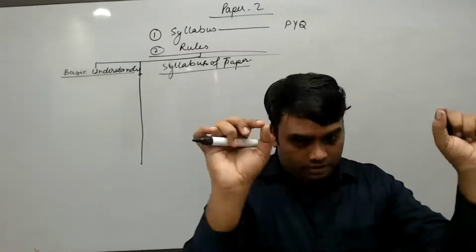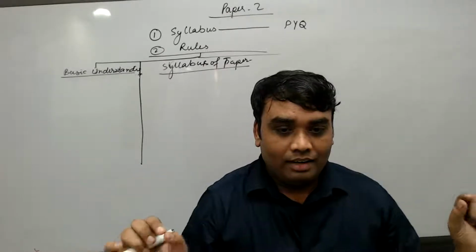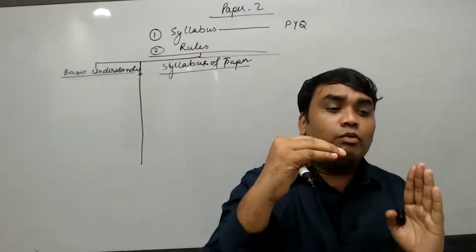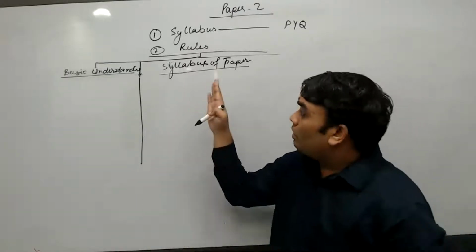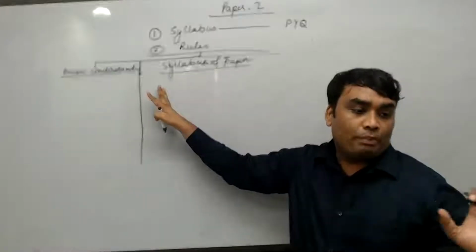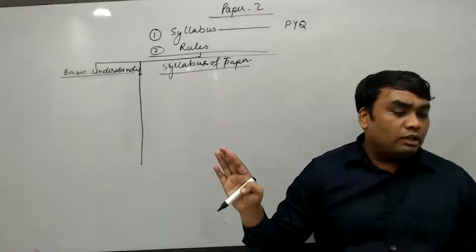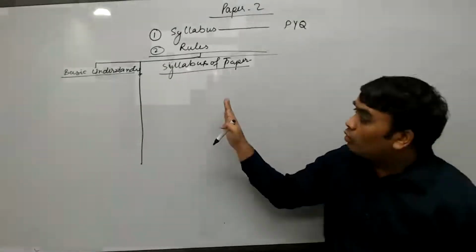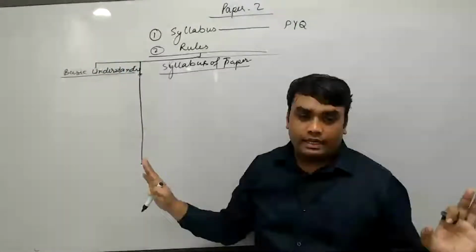If there are 10 points mentioned in the UPSC paper, you must go through each one by one. Getting my points? It means you have a thorough understanding of the paper 2 topics. But paper 2 topics are not possible to understand totally without understanding the basics. This I want to say.